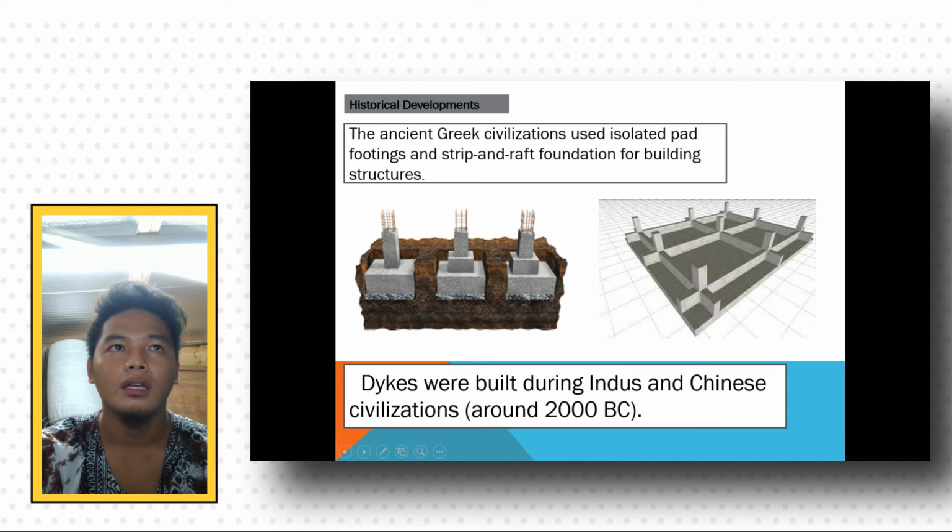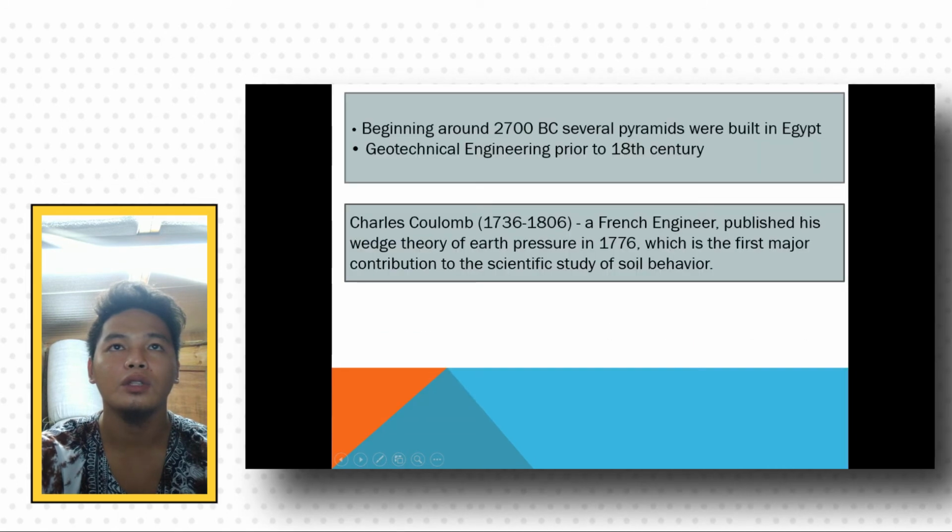In historical developments, the ancient Greek civilization used isolated pad footings and strip and raft foundations for building structures. Here's an example of the pad footings and the strip and raft foundation. Dikes were built during the Indus and Chinese civilizations around 2000 BC. Beginning around 2700 BC, several pyramids were built in Egypt.